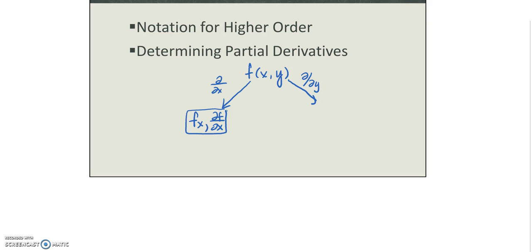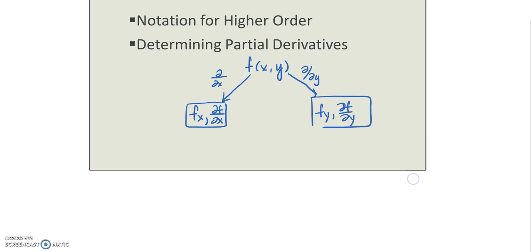Similarly, for the partial with respect to y, I could create a new function. Keep in mind that these partial derivative functions are still functions of x and y. So I can continue this process of taking partial derivatives.